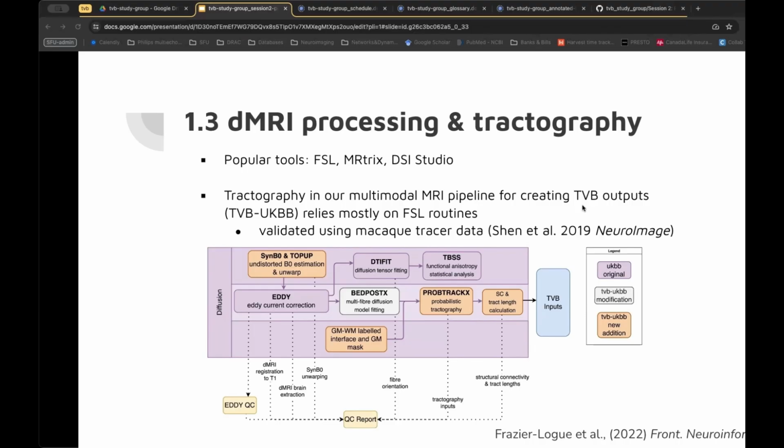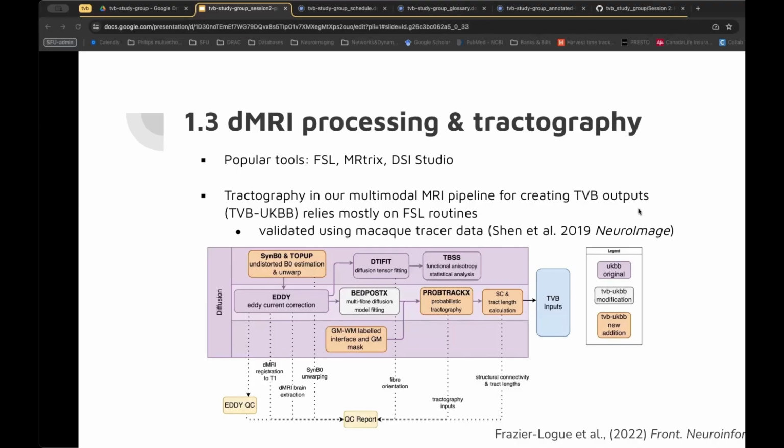What we have, I would say supplied or offered with TVB, is our own multimodal MRI pipeline for creating TVB inputs that relies mostly on FSL routines.